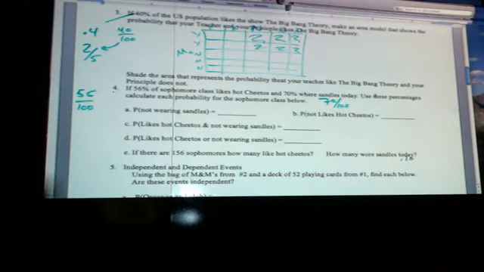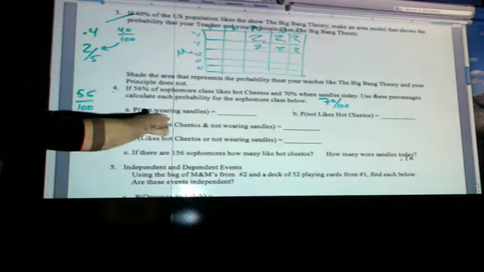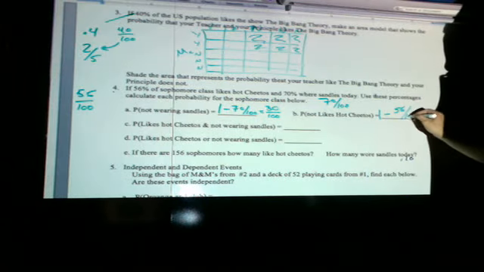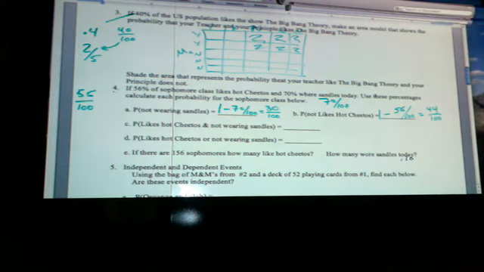Probability of not wearing sandals. In order to find the not, we do 1 minus 7 over 100, which is 93 over 100. Probability of not liking hot Cheetos. We do 1 minus 56 over 100, which equals 44 over 100, which reduces to 11 over 25.